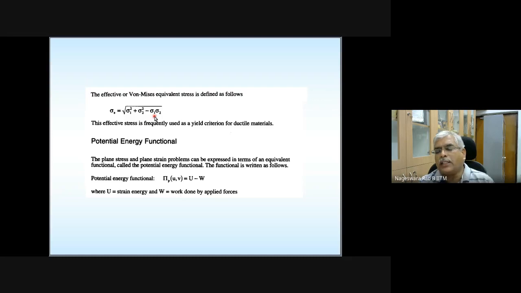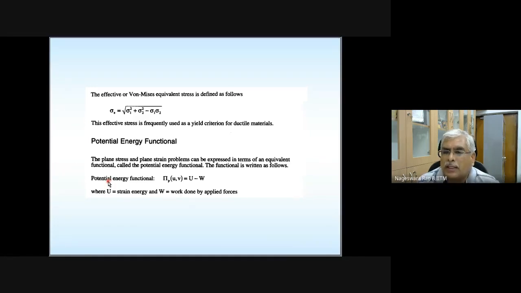You can take these two coupled differential equations, adopt whatever we studied, variational concepts and Galerkin concepts, and then develop the equations. But really that is not required, because if you are good in structural mechanics, then you can easily write the potential energy functional for this problem.